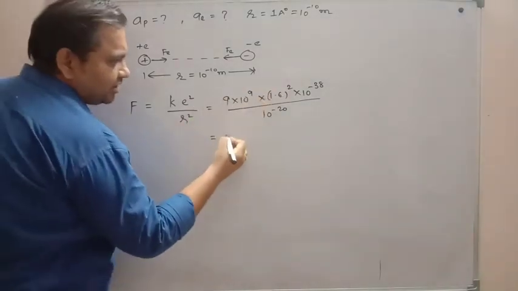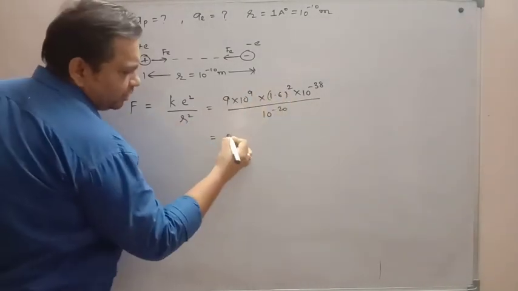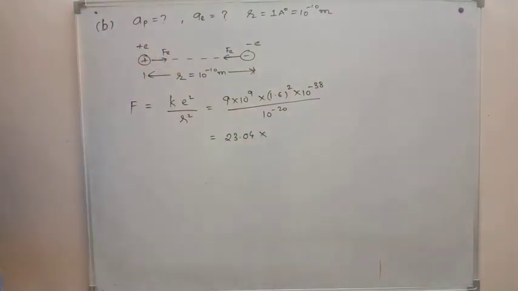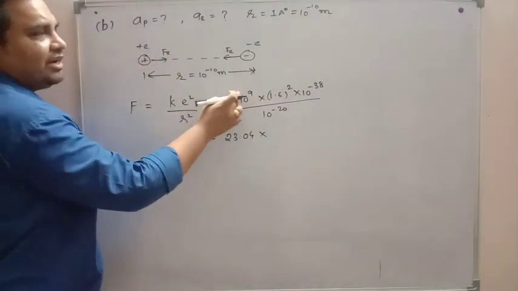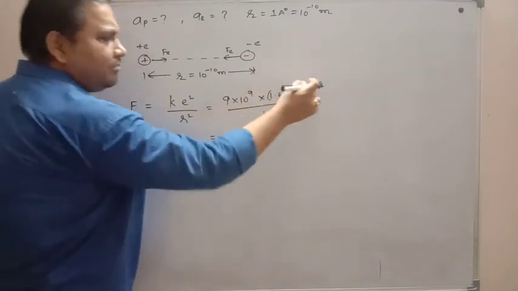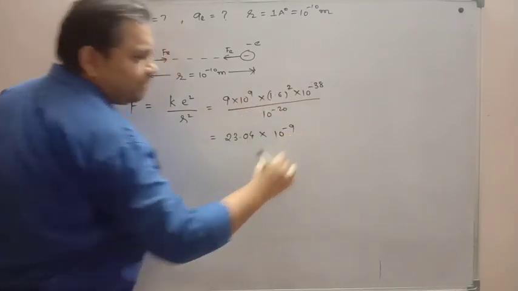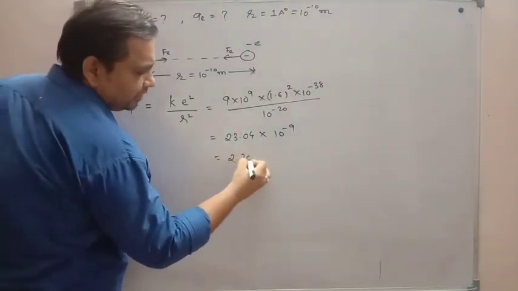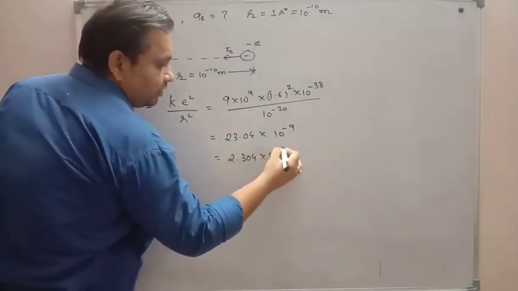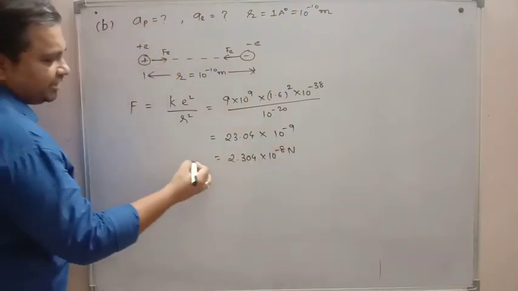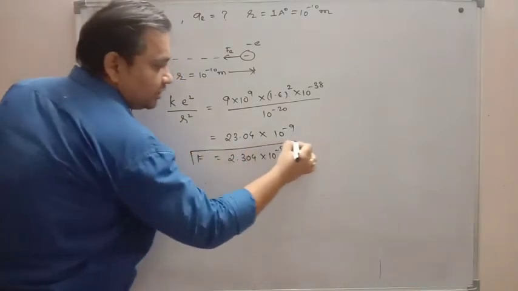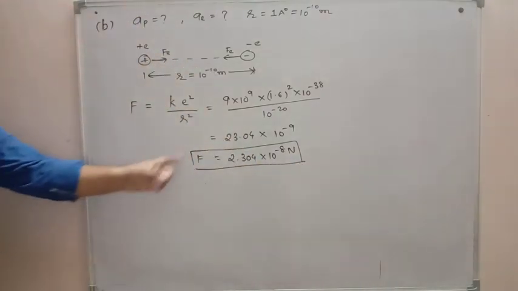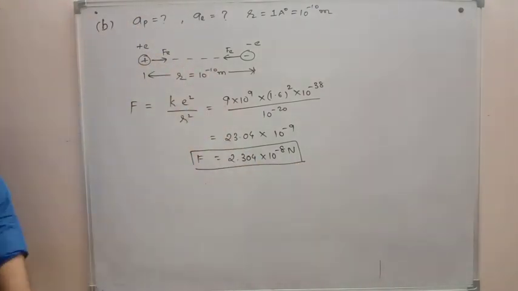This calculation 9 into 1.6 into 1.6 is 23.04. 20 plus 9, 29 plus 29 minus 38 is 10 power minus 9. So it comes out to be 2.304 into 10 power minus 8 Newton. This is the force, electrical force between electron and proton separated by distance 10 power minus 10 meter.